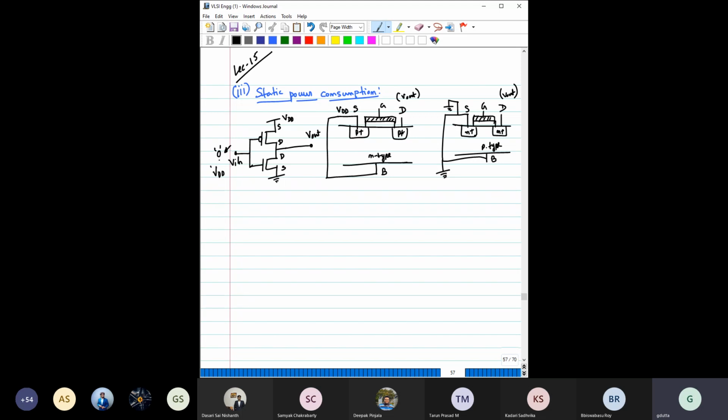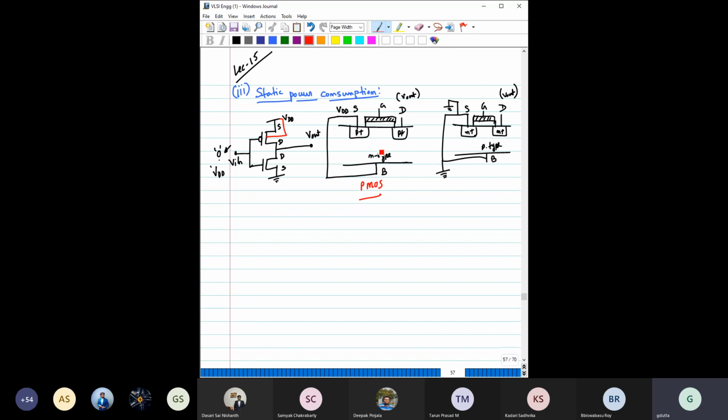However, we'll see now that there will be some static power dissipation as well because of some non-idealities. One of the issues, I think you will appreciate: this is an NMOS, and this is a PMOS. Let us consider this PMOS first. For PMOS, this body terminal, so far we have not discussed it because we have considered the body terminal only shorted with the source. In the MOSFET configuration shown here, with gate, oxide, source and drain, this source is connected with VDD for the PMOS, and it is connected with this body.